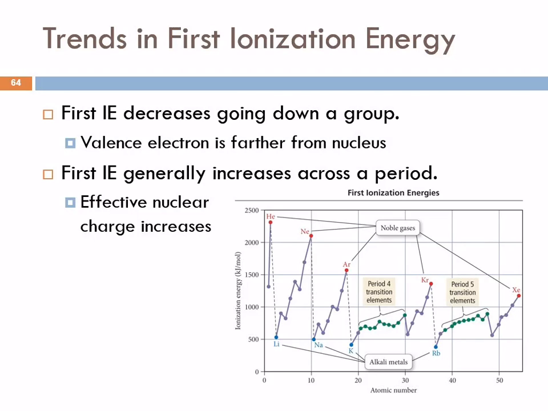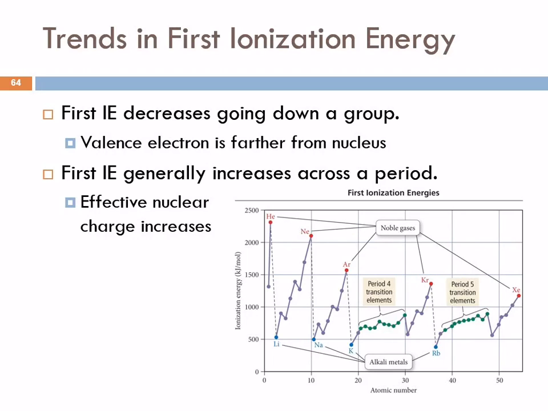As you go across a period, though, so this period 2 going from lithium to neon, now look, there's jaggedness in here. It's not a definite absolute trend, but it's a general trend. As you go across, the ionization energy increases. Well, what happens to the size as you go across a period?